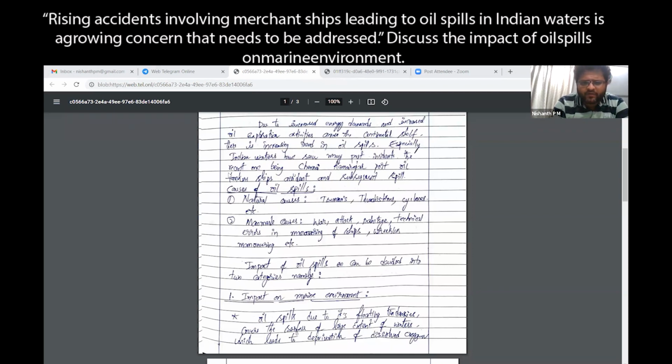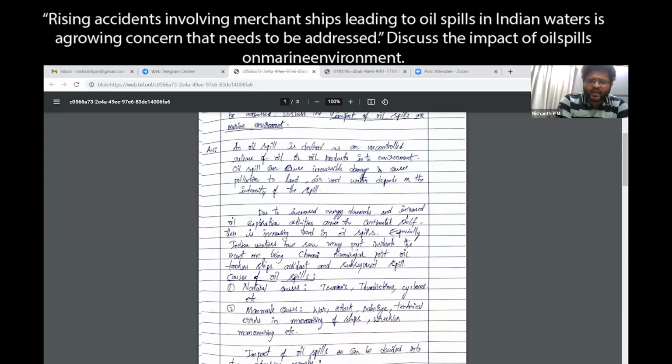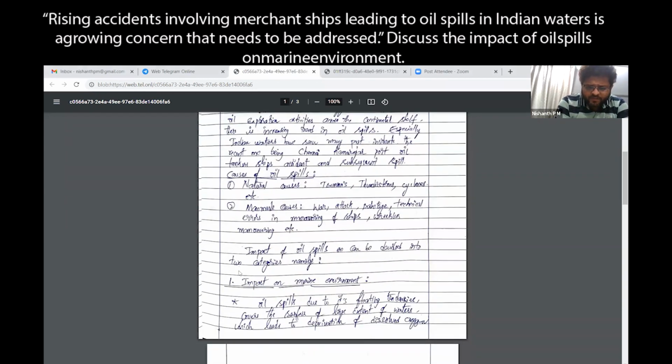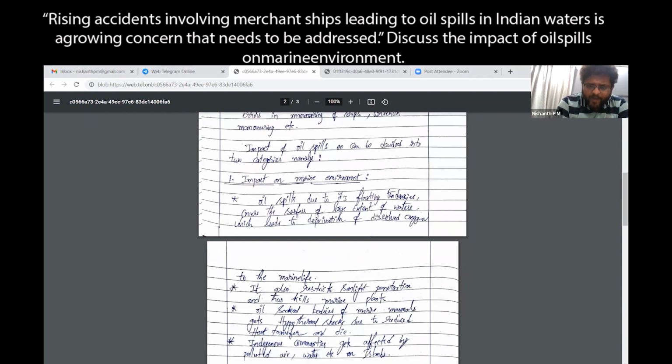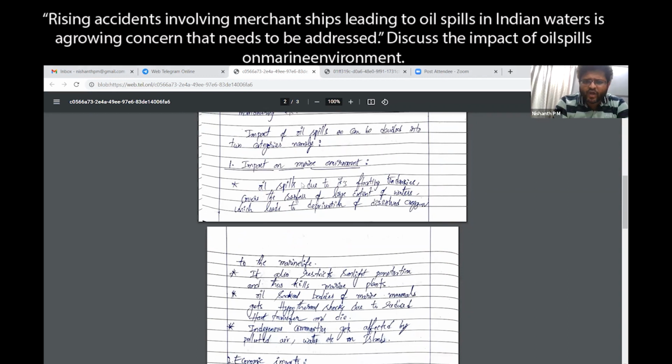And the core demand of the question is not even causes, it's the impact. This should be coming first, Prasad. So the examiner will not be interested in reading all this. He'll straight away look for this particular part. After writing this, if you want, write 1 or 2 points for the causes. First, you should come to the impact of the oil spills. It's not only impact on the marine environment, it's on the surroundings also.